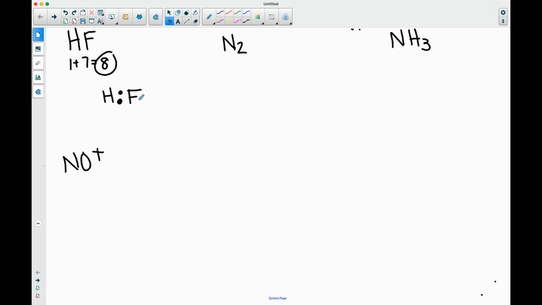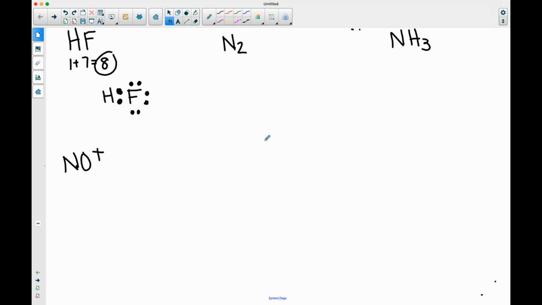We had 8. We've used 2. We have 6 more. Hydrogen's stable number is 2, so hydrogen never gets lone pairs. Those 6 electrons are going to go around the fluorine atom.